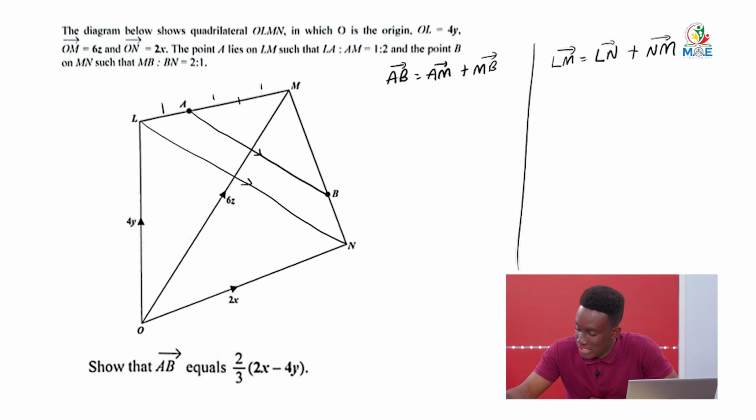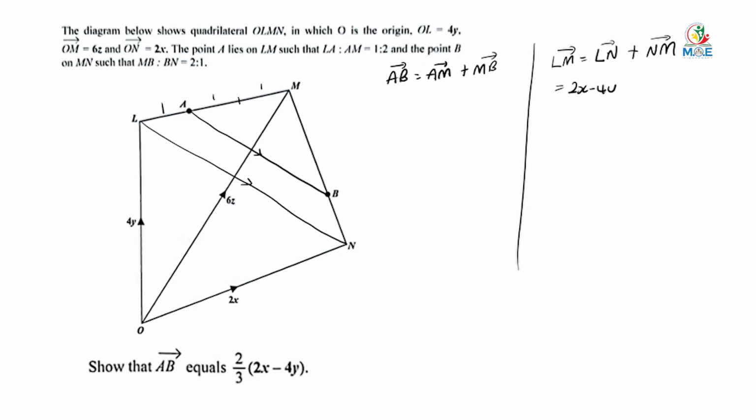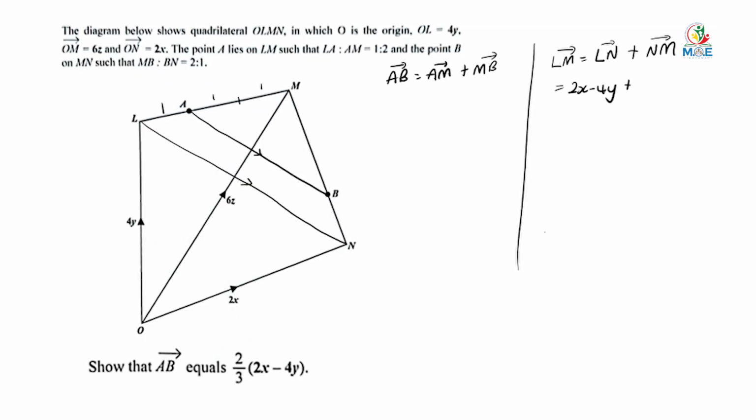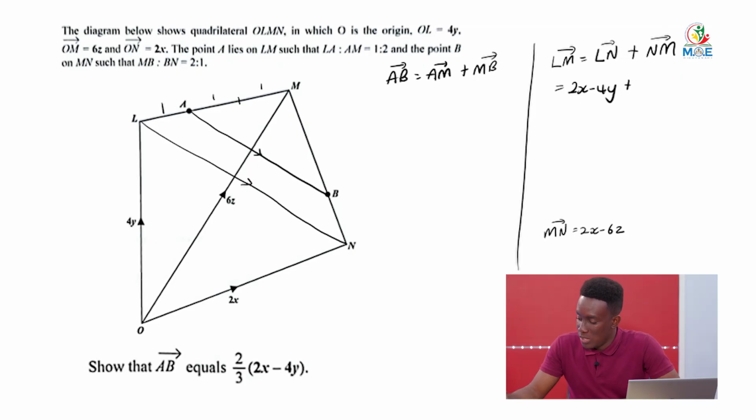So LN would be equal to 2x minus 4y, plus, we found MN to be 2x minus 6z. So NM would be the negative of this.